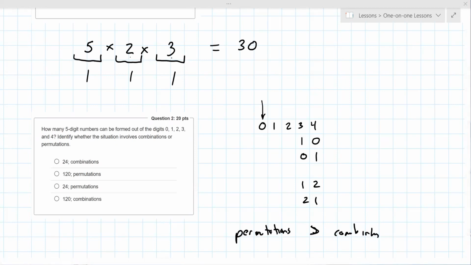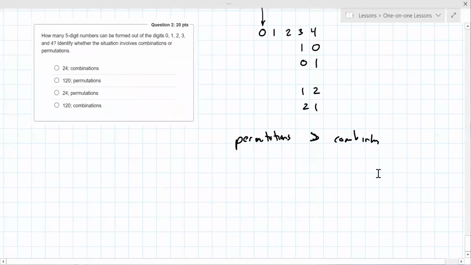Okay. This is interesting. So to me, and this is where I'm a little bit unsure how to even direct you, in that first position, you can supposedly pick 5 numbers: zero, one, 2, 3, or 4.